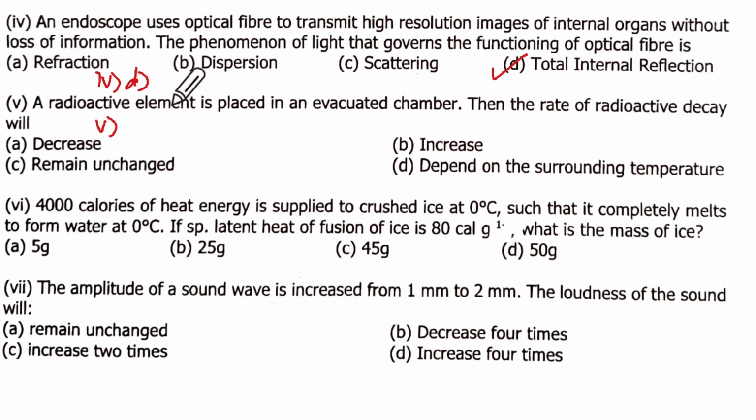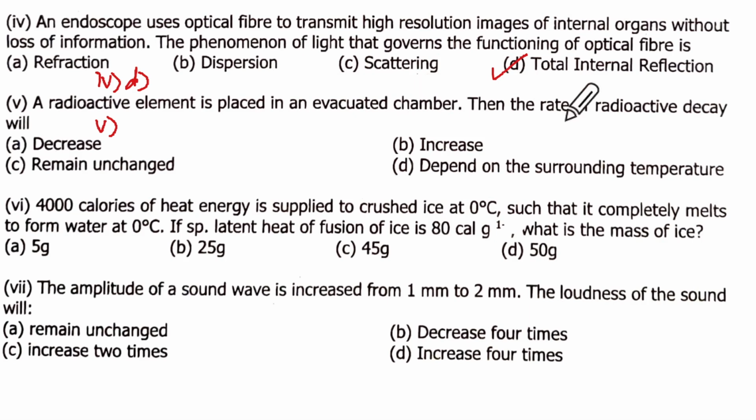Then we come to the fifth one. Radioactive element is placed in an evacuated chamber. The rate of radioactive decay will decrease. Evacuated chamber means there is no obstruction to the particle movements.